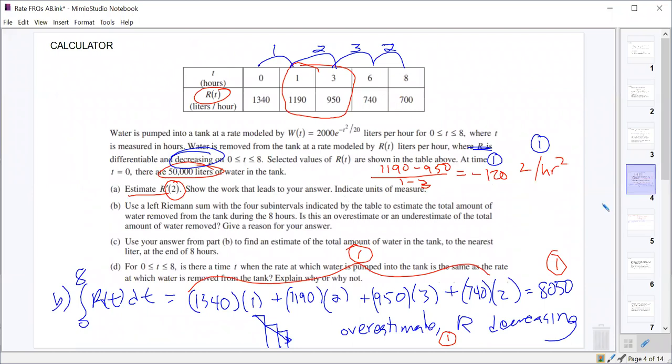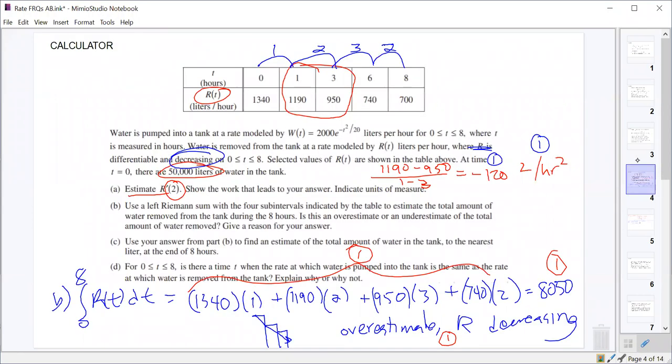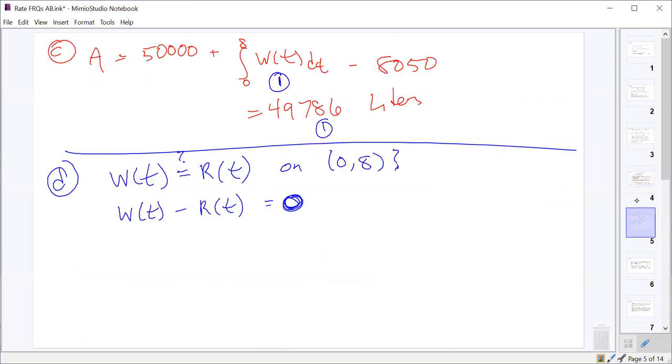So effectively, we need to see if W of t minus R of t ever equals 0 on that interval. Because we know that W is a differentiable, continuous function, and R is a continuous function, differentiable and decreasing, they're both continuous functions.